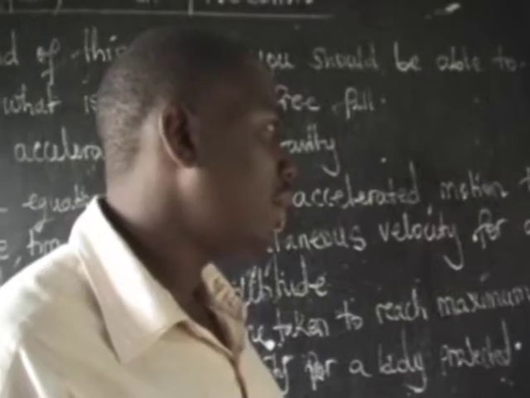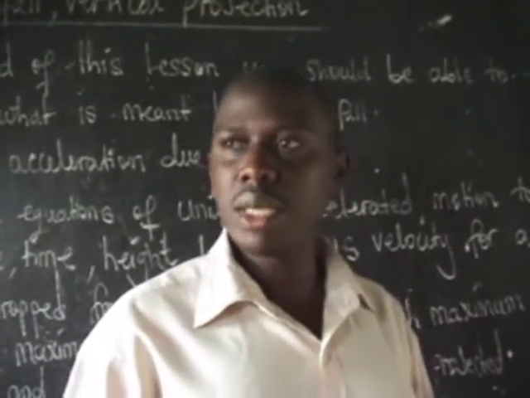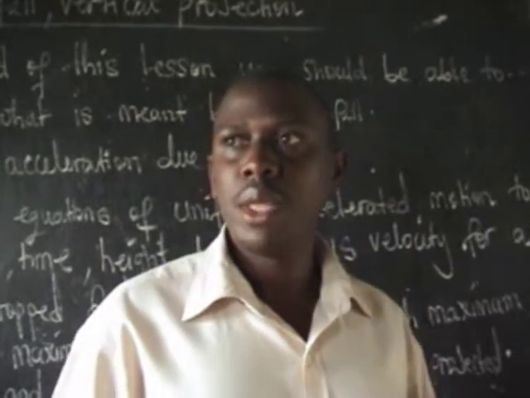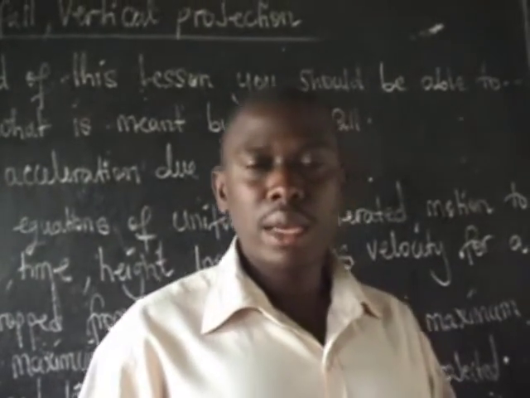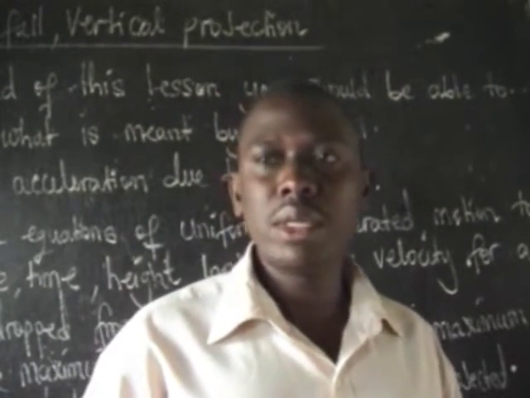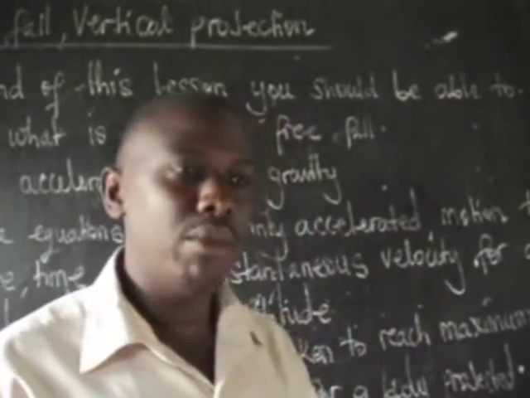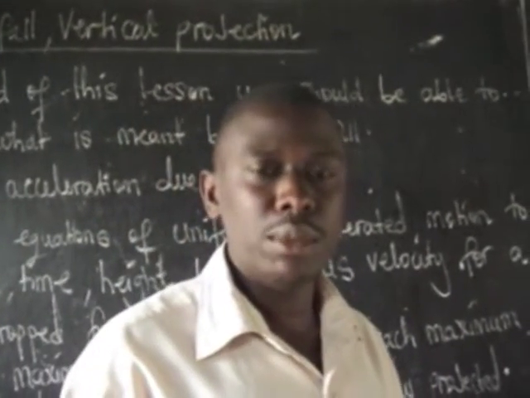However, practically, it may not come out due to other factors. For example, if you were to drop bodies of different dimensions, due to air resistance, due to upthrust, these bodies may fail to reach the ground at the same time.